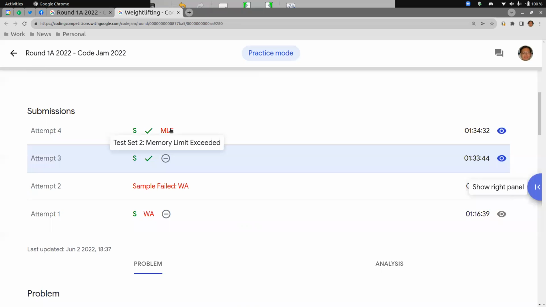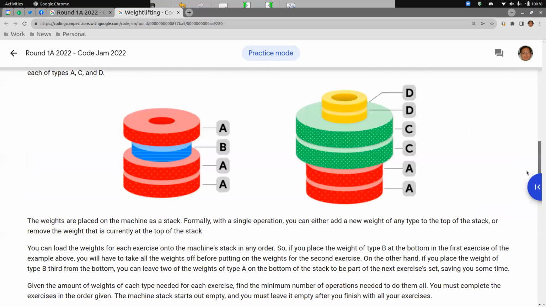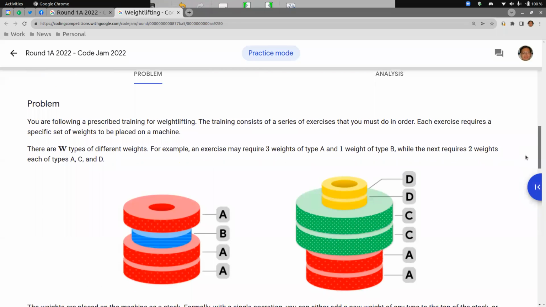I wrote this algorithm because I didn't really feel like solving the hard problem, so I just did an algorithm that was good enough for test set 1, and I knew it wasn't going to be good enough for the big case. So anyway, let's read the problem, and then we'll see what we can think about.